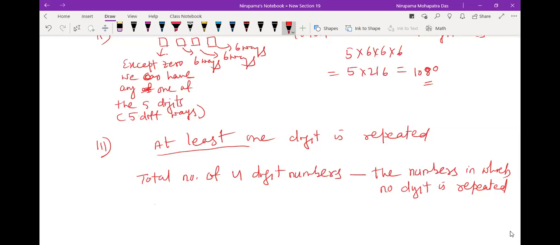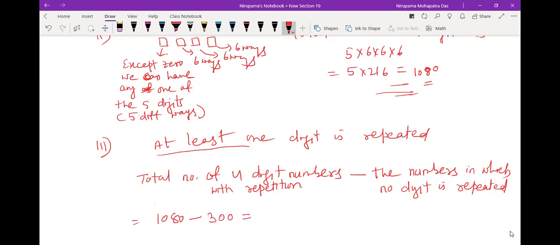Now here also be very careful. Total number of four-digit numbers with repetition, this we have found 1080, right? This case is when the digits are repeated, minus the no-digit-repeated case, which we have found in the first part, that is 300.